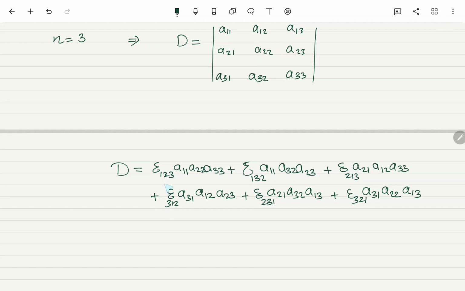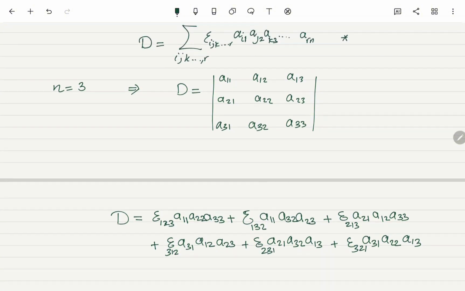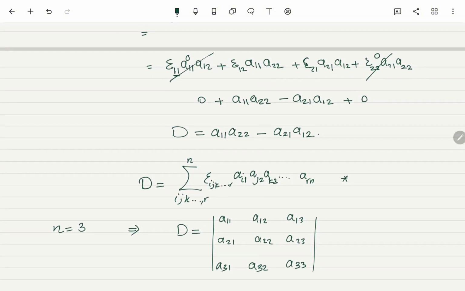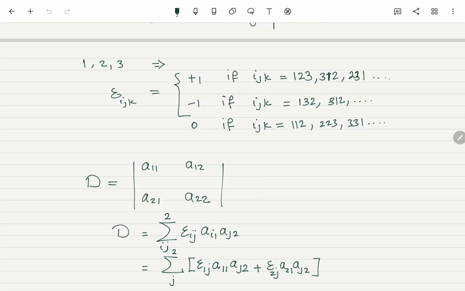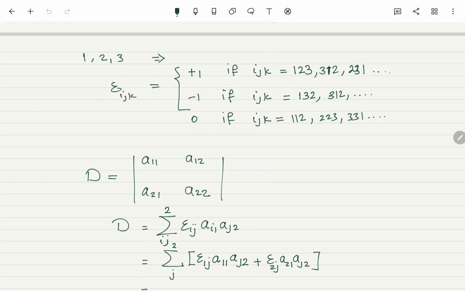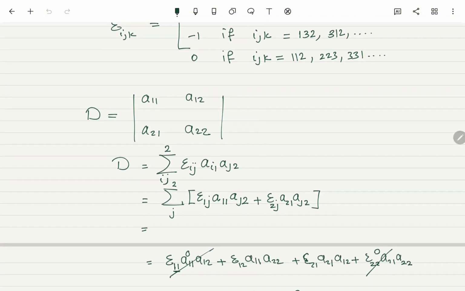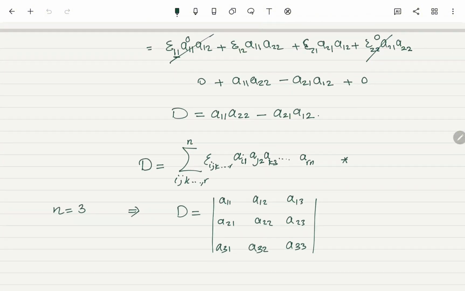After simplifying this, and remembering the Levi-Civita rule, if you have even permutations you will have +1, odd permutations you will have -1, and if you have a repeated index you will get 0.